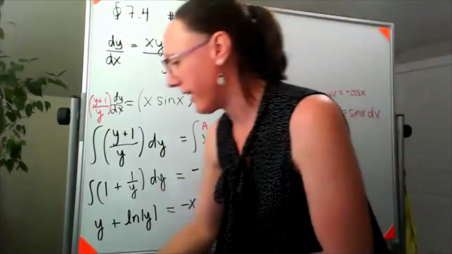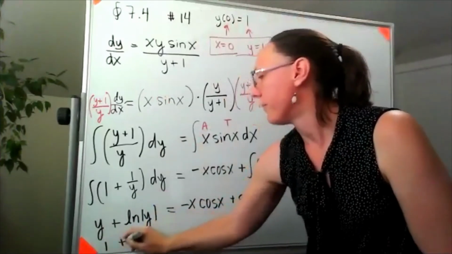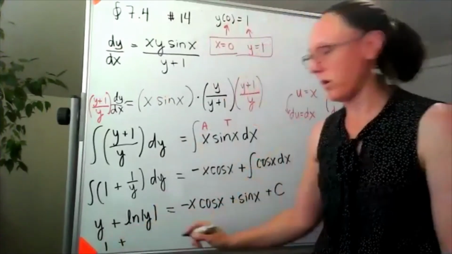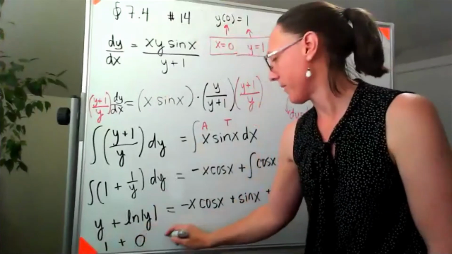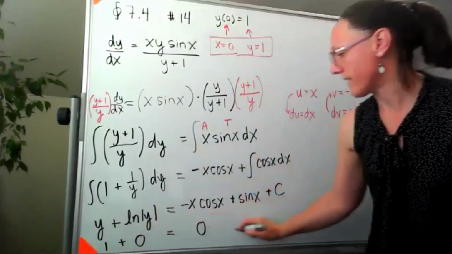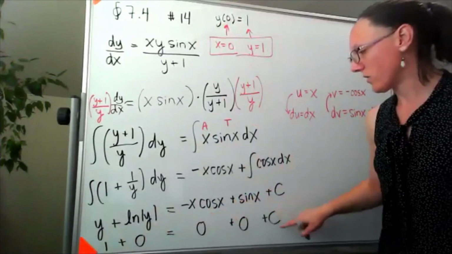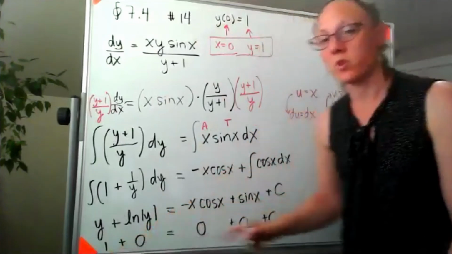Plugging that in down here, I am looking at 1 plus, well, natural log of 1 is 0. X was 0, so that'll go to 0, and sine of 0 is also 0. So it looks like c should be equal to 1.